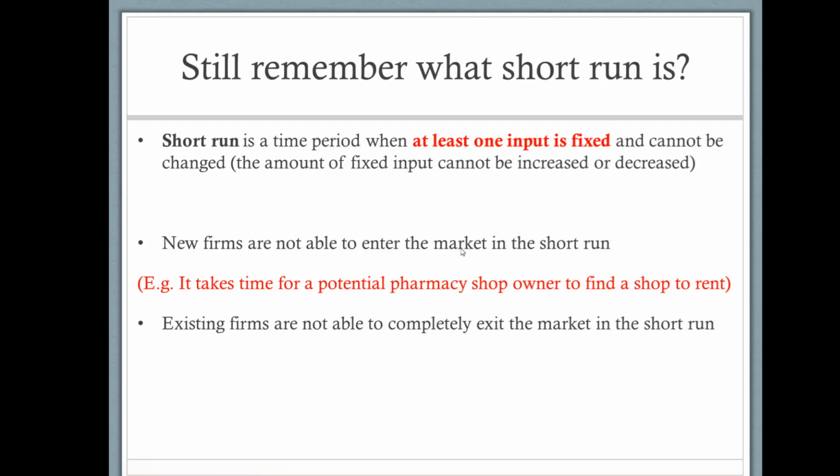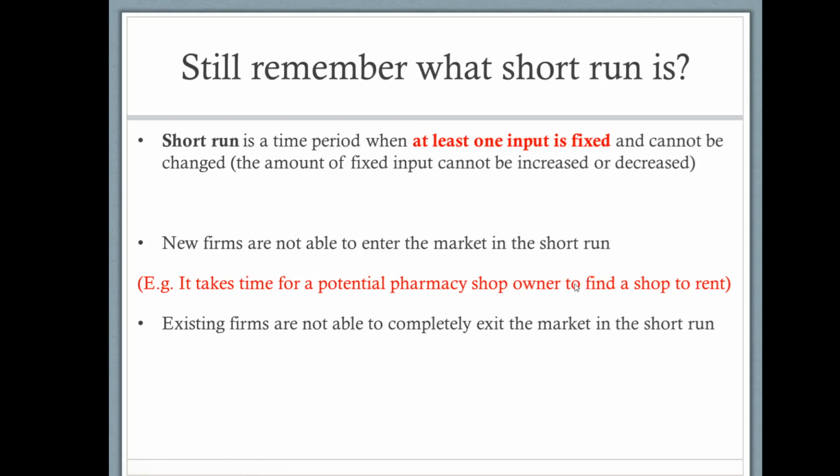And the second point here: when you are in the short run, if you are in perfect competition, the existing firms are not able to completely exit the market in the short run. Once again, it's a bit vague, but take a look at this example. Right now we have three possibilities in the short run.